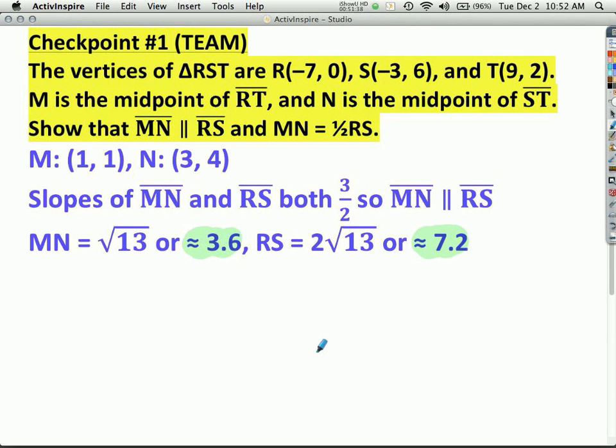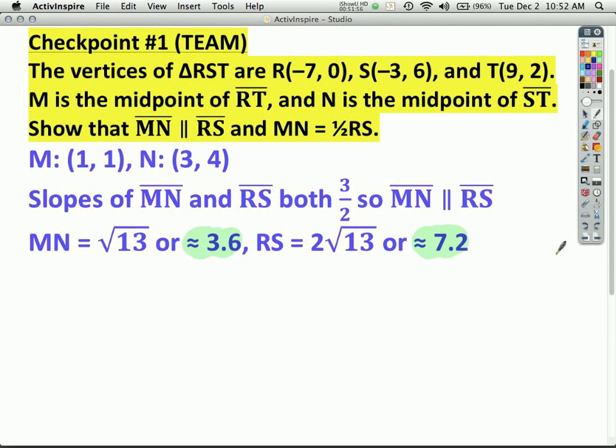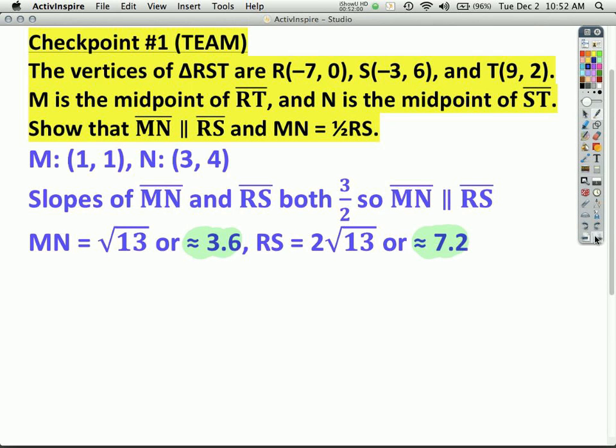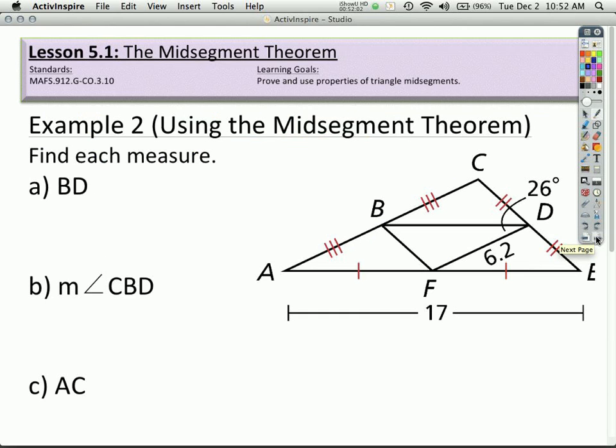Any comments, questions on any of the work we've done here? A lot of work involved. Any comments, questions on anything? Okay, so now let's take the idea of mid-segment and use it to solve some problems, now that we've gotten very comfortable with it.